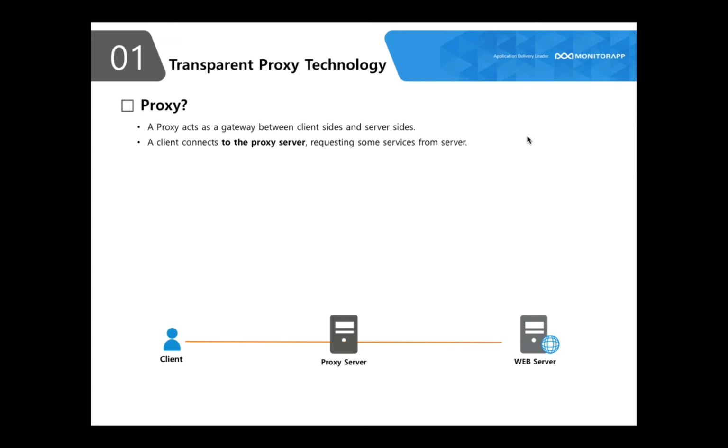Mostly it will be web services or FTP services. It means the client does not connect directly to the web server to get web services. It connects to the proxy server first, and the proxy server requests and gets a response from the web server for the client.